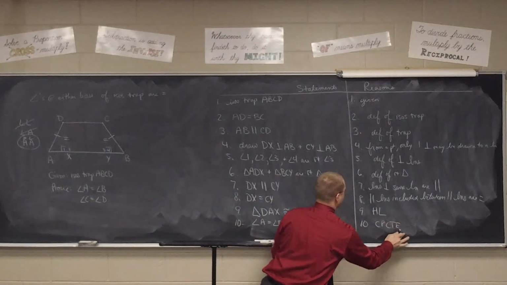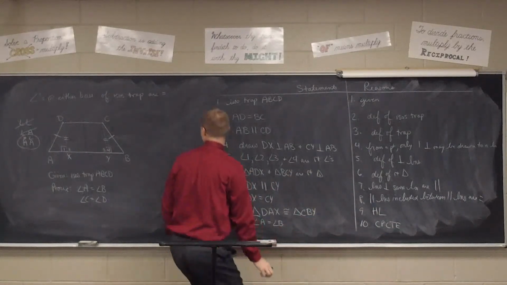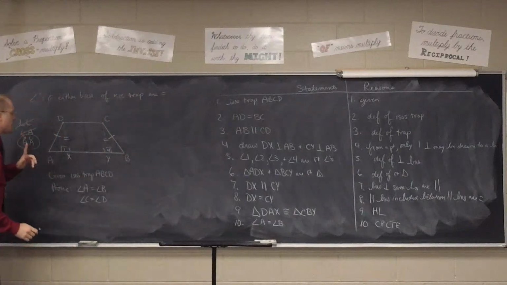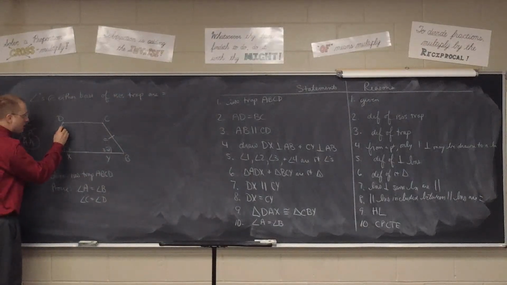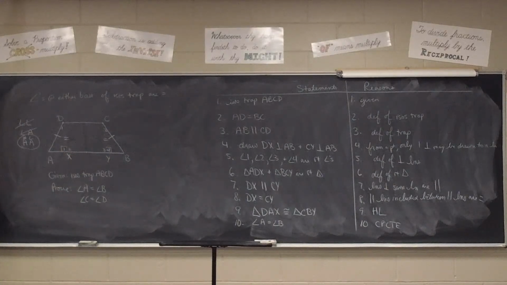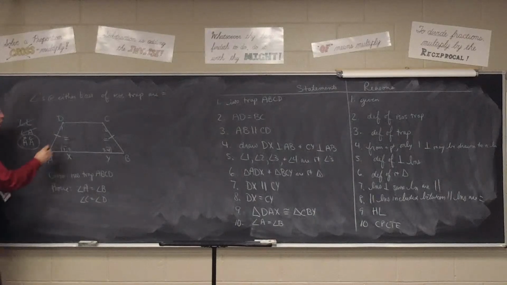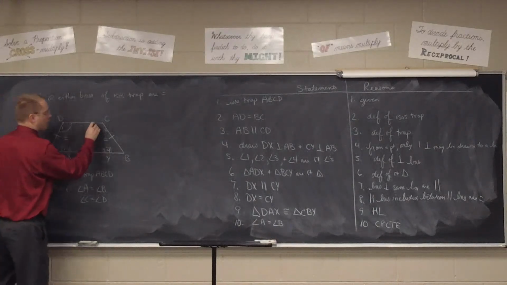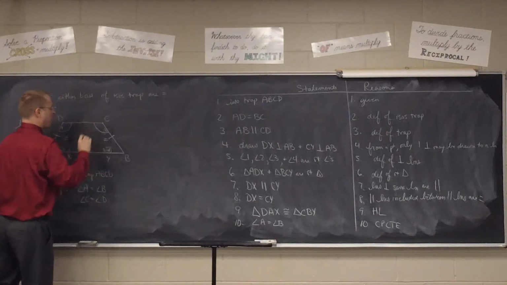Now, I did hear one enthusiastic person saying that angle C and D were equal. Careful, I don't know that C and D are equal, but I at least know that this, call this angle 1 and this angle 2, those are equal, right? Angle 1 and angle 2, but that's not all of C and all of D.